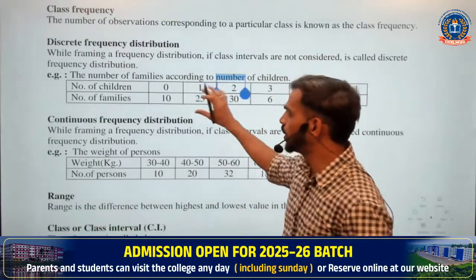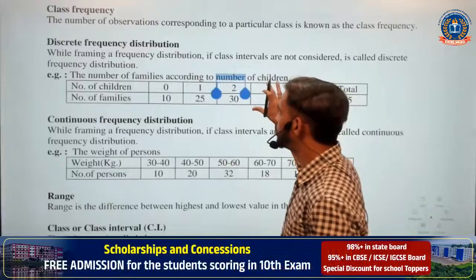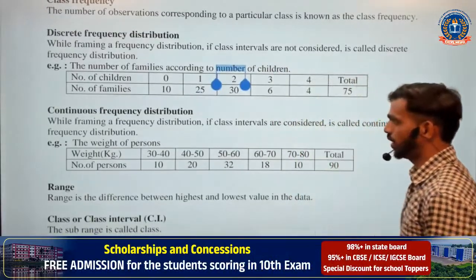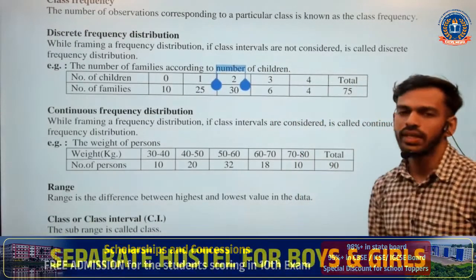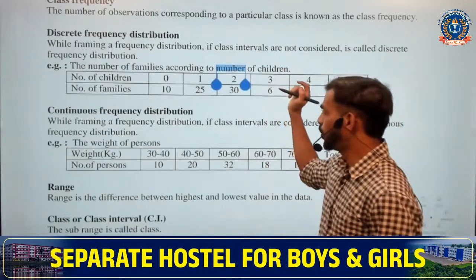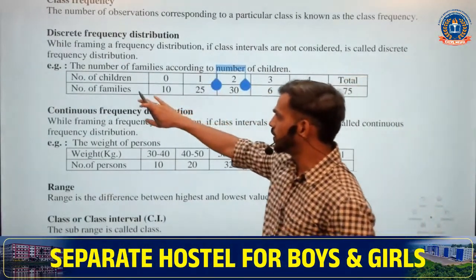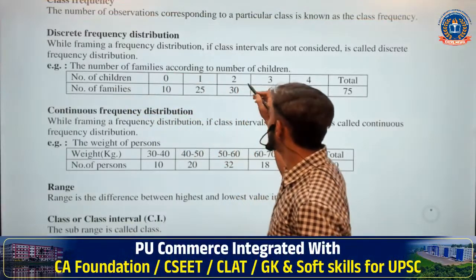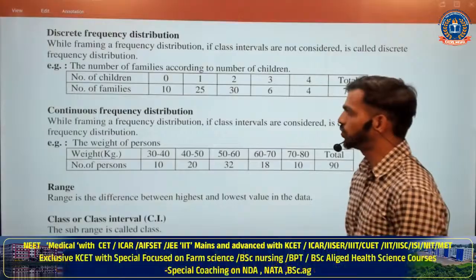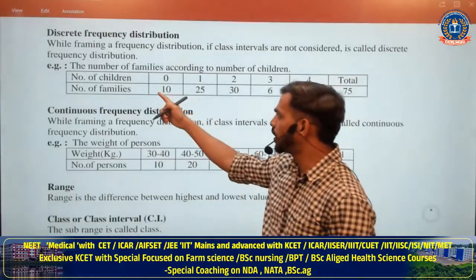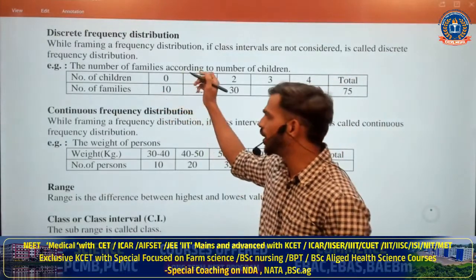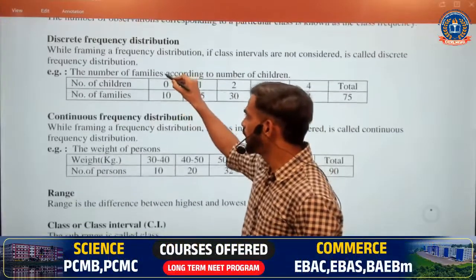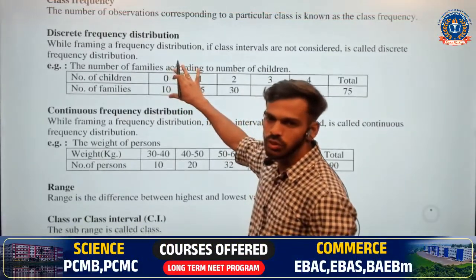This one is also an example: the number of families according to their number of children. See, number of children 0, 1, 2, 3, 4, and how many families are there with no child. Here we have already constructed a frequency distribution directly.